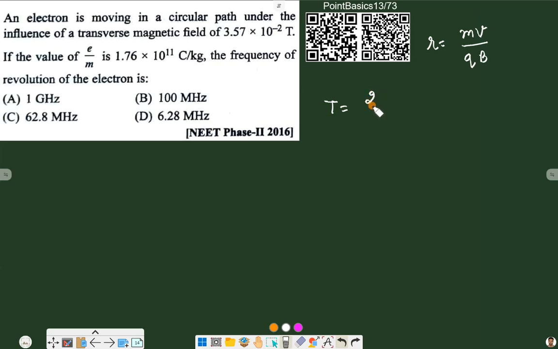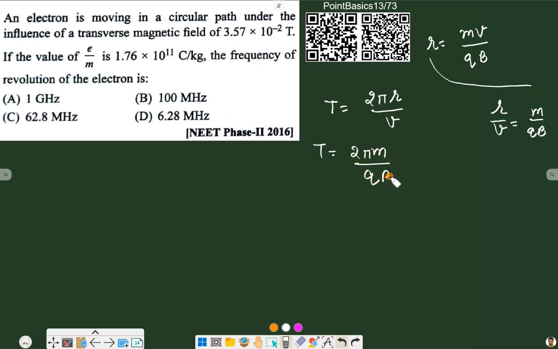In a single rotation, distance covered is 2 pi r, divided by the velocity of the particle. So we need r by v, and r by v can be extracted from this relation. From this, r by v will be m by qB. Using this here, time period comes out to be 2 pi m by qB.